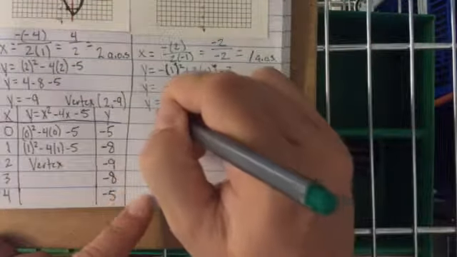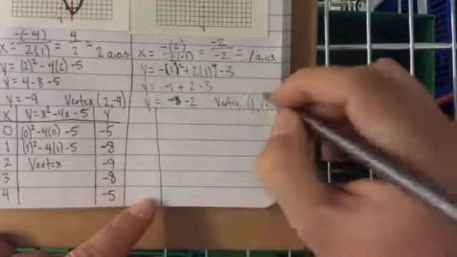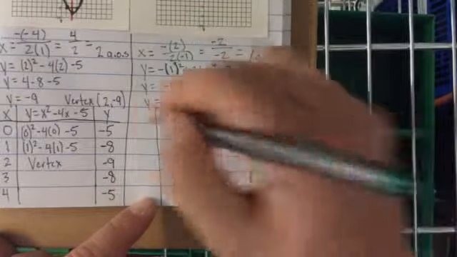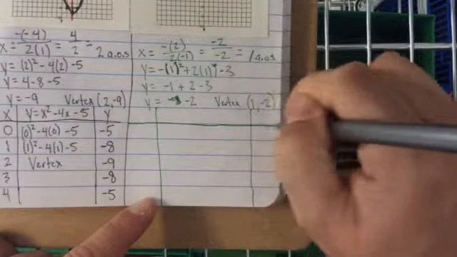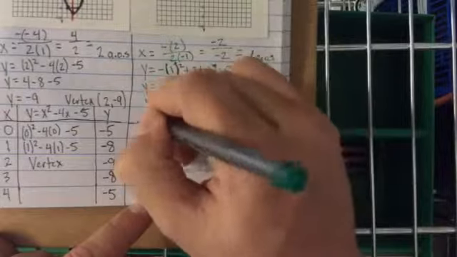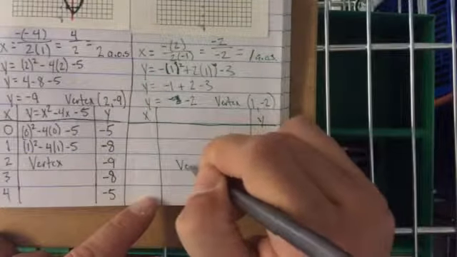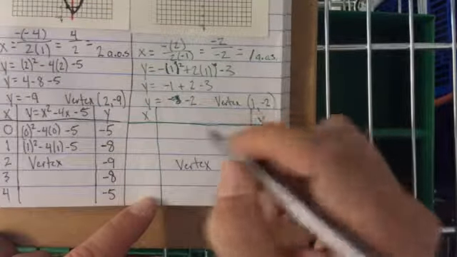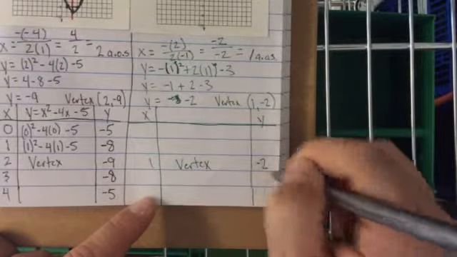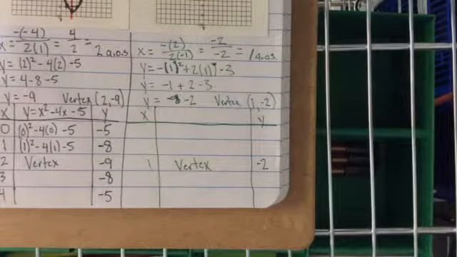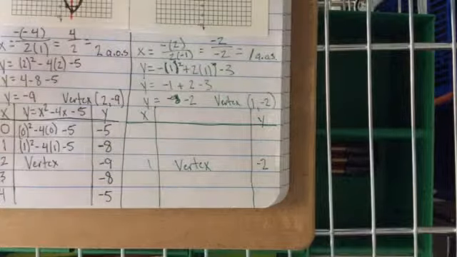Now we can go ahead and make that table. And on the third line, we can put our vertex, because that is the middle of 5.